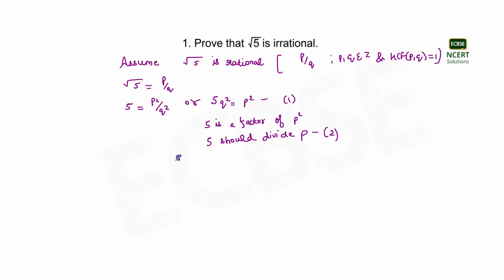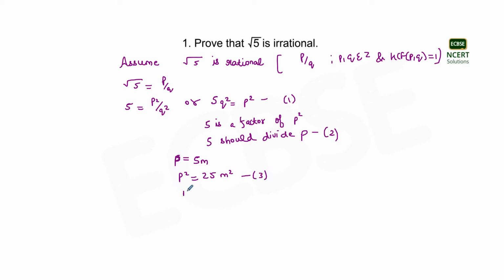And now from 2 we can write that 5 divides p, as p is a multiple of 5, so we can write p equals 5m. Now taking square on both sides, p square will be equal to 25m square.